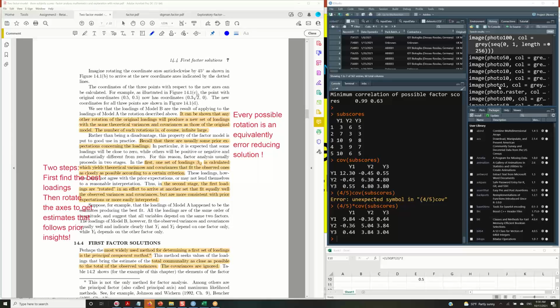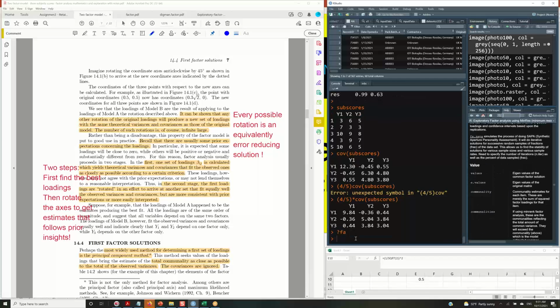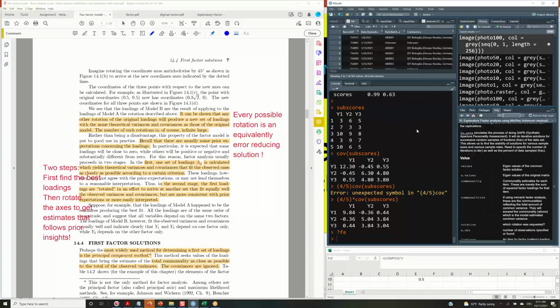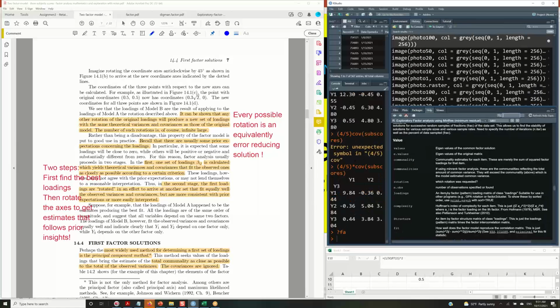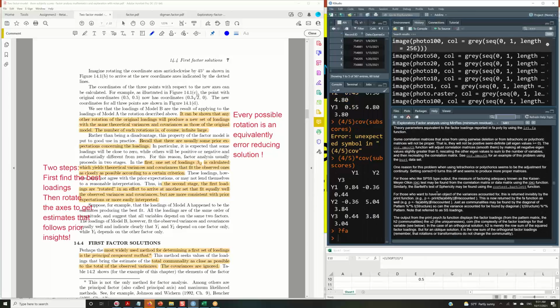We can go to the help file. Let's say question mark FA. And you can see here. Are you able to see this one here? Yes, sir. Okay.